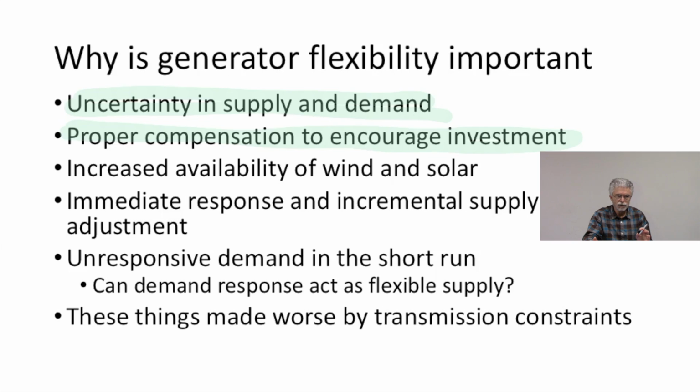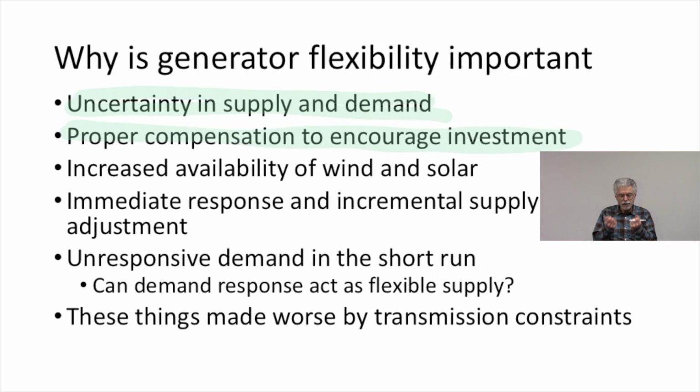Some sources are going to be running a lot of the time, and our baseload power plants will be running long periods of time, have a really high capacity factor, and other sources will run much briefer times because they're valued for their flexibility. And we want to make sure that we are encouraging a good mix of those different kinds of assets.